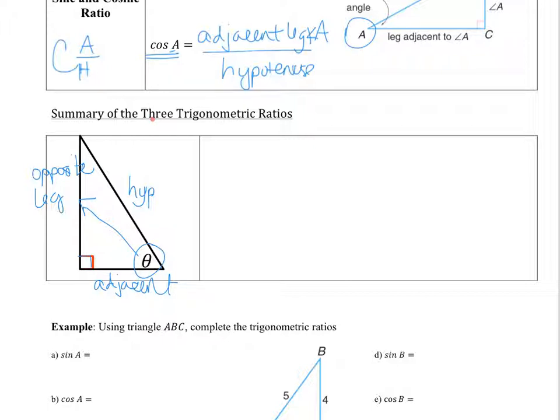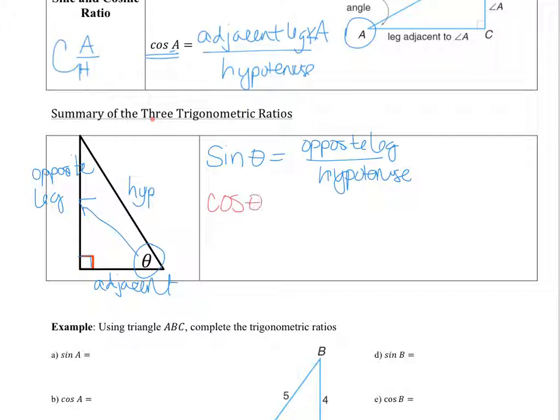Alright, so we're going to go talk about the sine of theta. And again, that's going to be the opposite leg over the adjacent. Or, I'm sorry, over the hypotenuse. Cosine of theta is going to be equal to the adjacent leg over the hypotenuse.